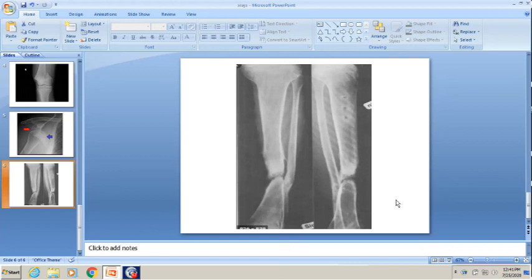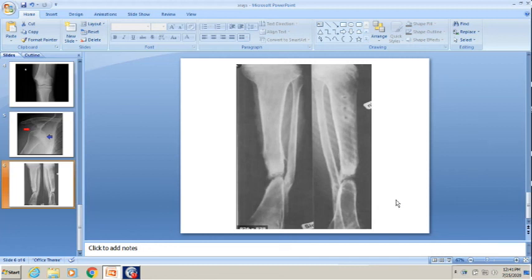If there is soft tissue interposition between the non-union fragments, the soft tissue will always be in between those fragments, so they will keep rubbing and irritating that soft tissue, so they always have pain there.